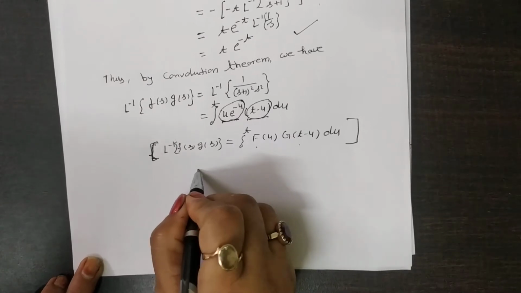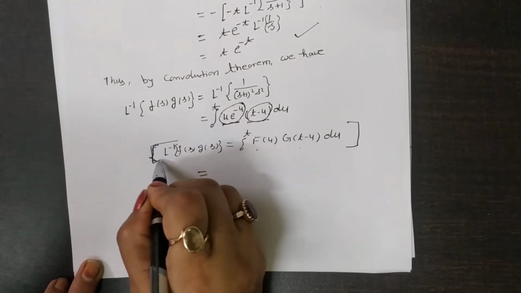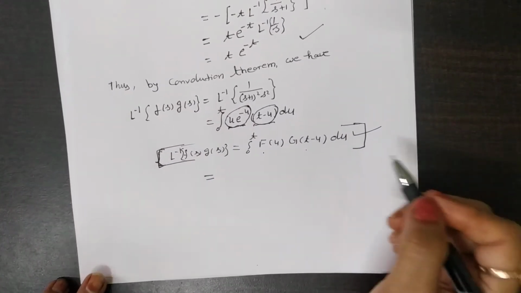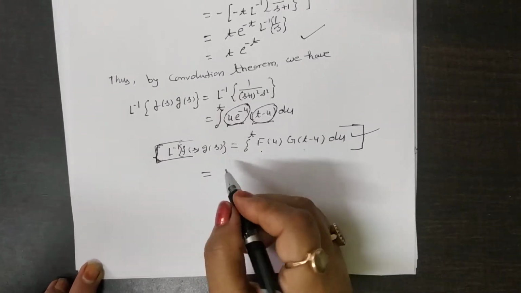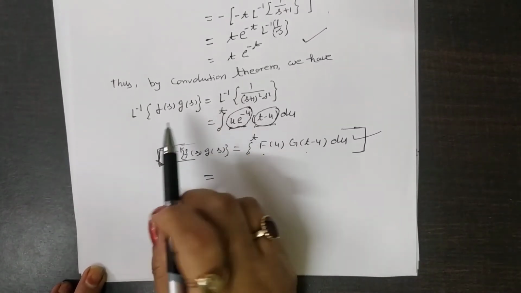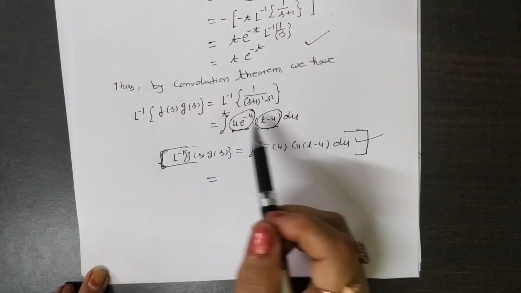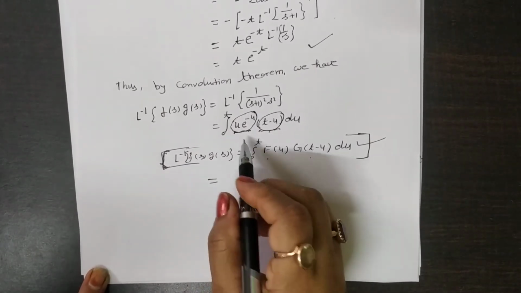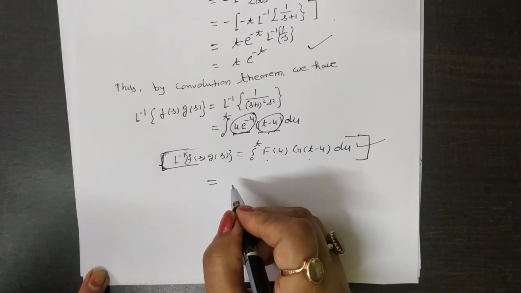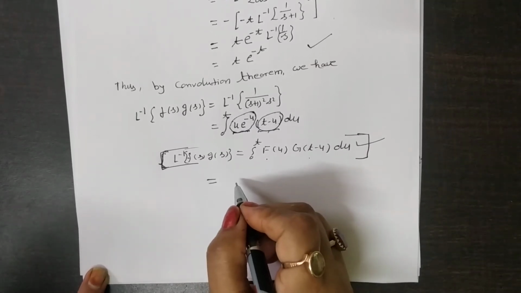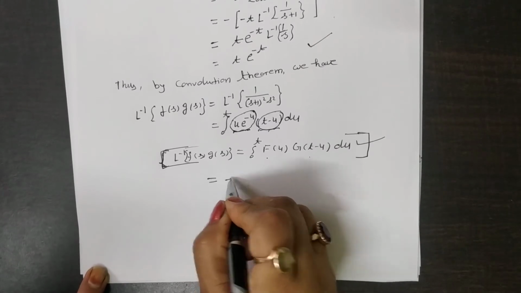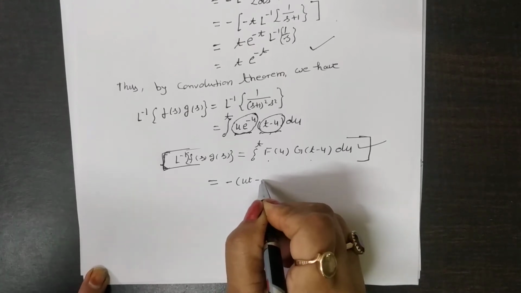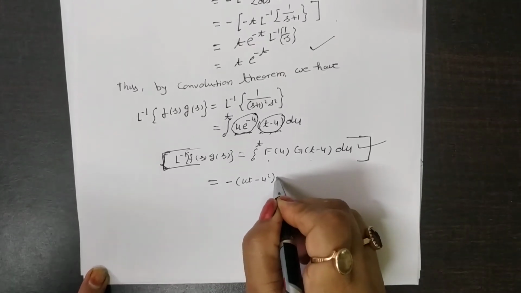This is the convolution theorem, only for your knowledge. Now for the question, it is sufficient if you write down by the convolution theorem this and again this. Here the integral is from 0 to t, and with t minus u, this can be written as minus of integrating this, so you get minus of (ut minus u square) e to the power minus u from 0 to t.